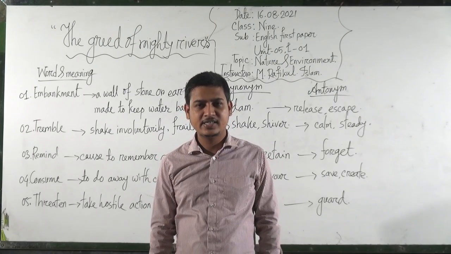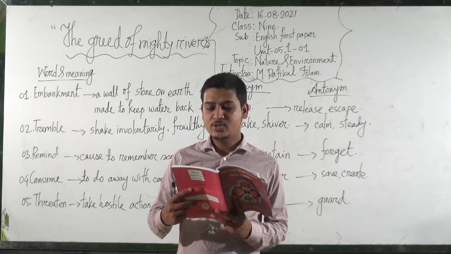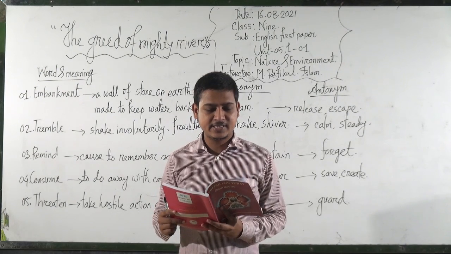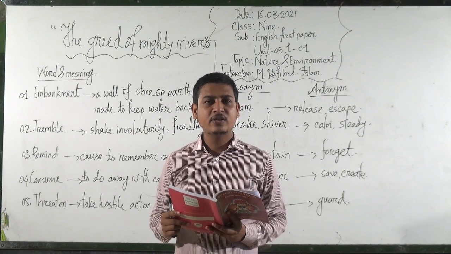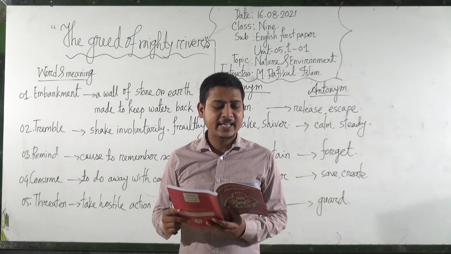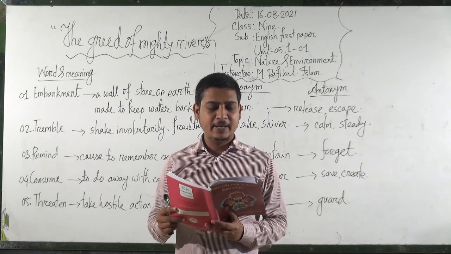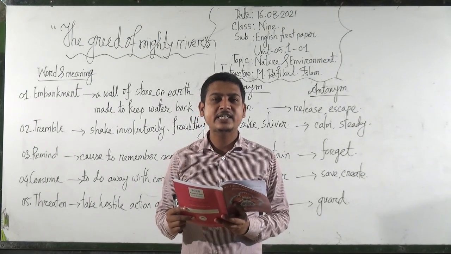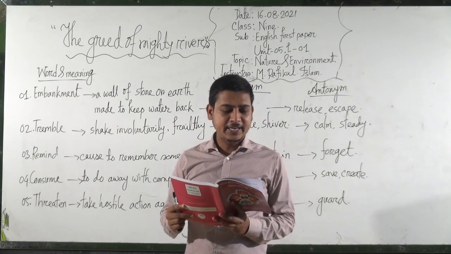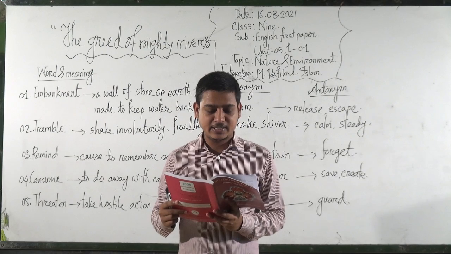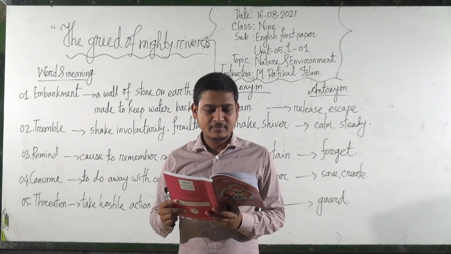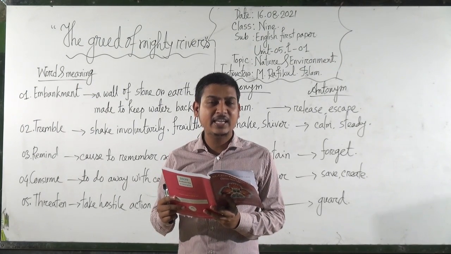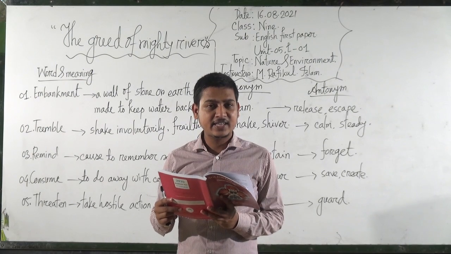Okay, dear learners, dear students, open your textbook to page number 56, Unit 5, Lesson 1. In this page we can see the image of the mighty rivers. Read the following text and answer the questions. Dear learners, in this picture we can see a devastating event in our textbook.